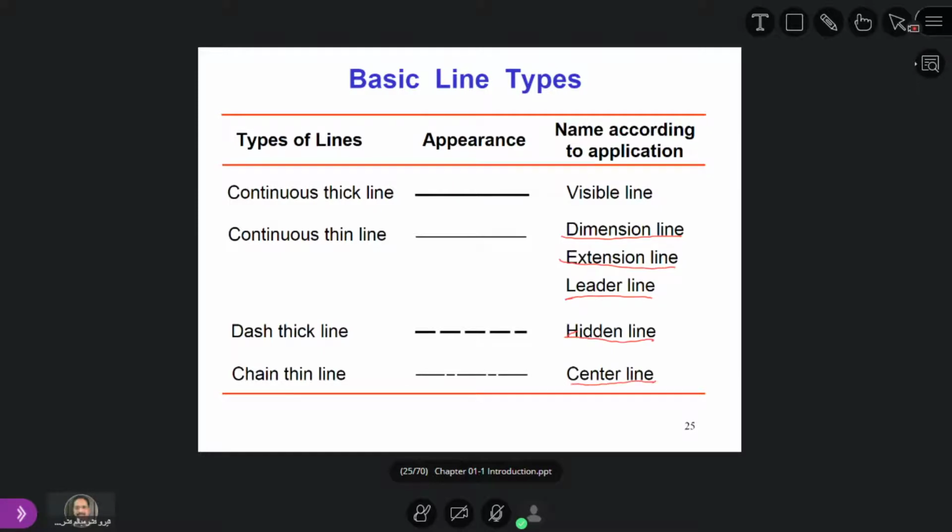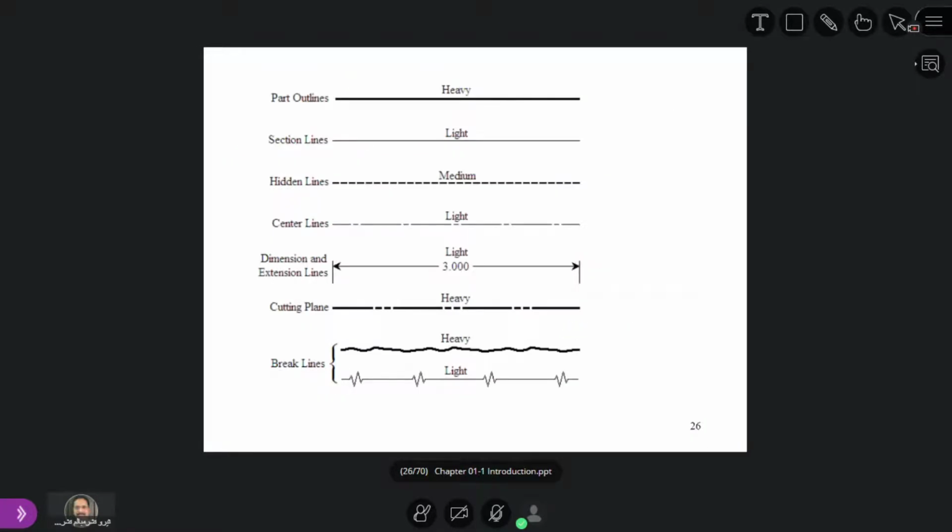All right. So now you see there. The part outlines are heavy, thick lines. We have seen it before. Now, if this is the part, this is a component.